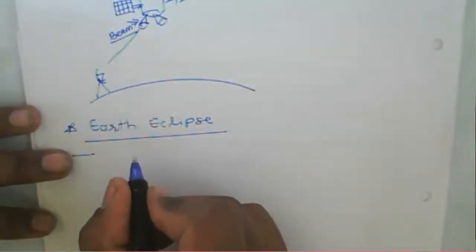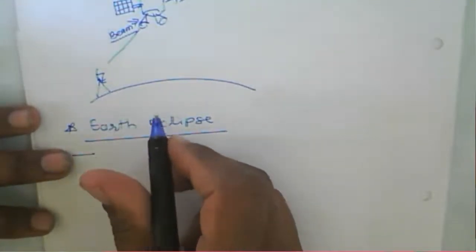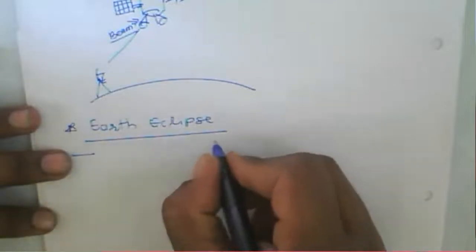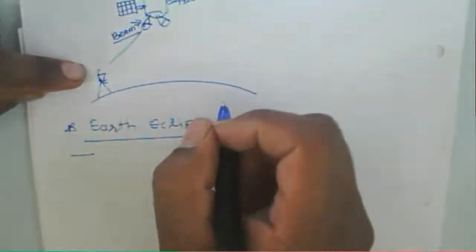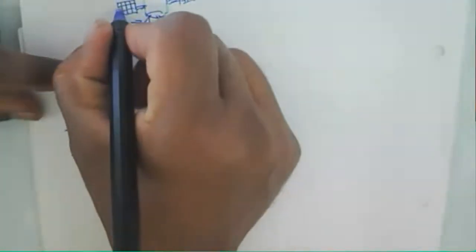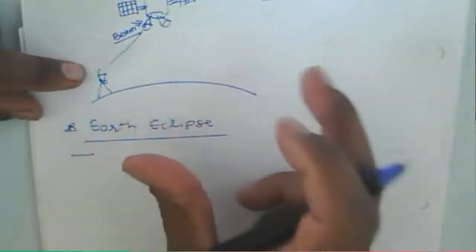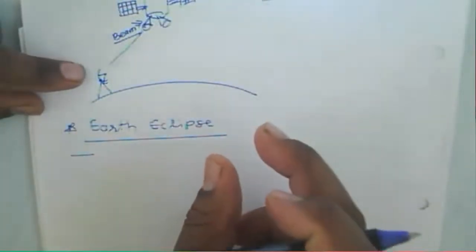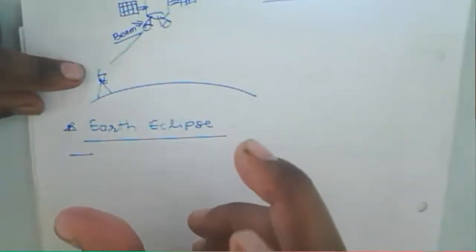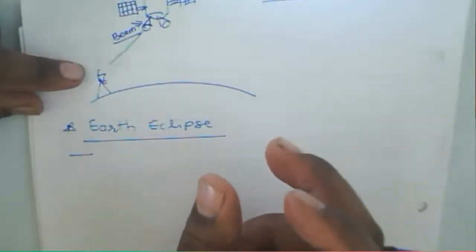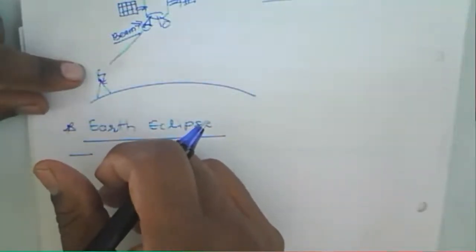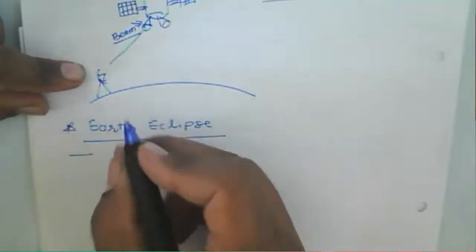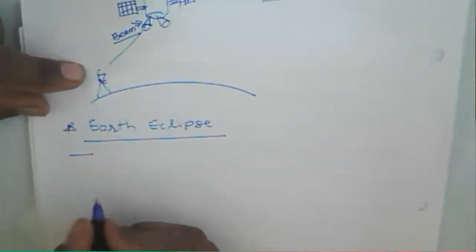Eclipse occurring means there will be a shadow on the satellite. Due to the shadow on the satellite, the solar panels will not be used in that particular period of time. How much is the time of the eclipse, what is the duration of that eclipse, and when does it occur? That we need to study here.